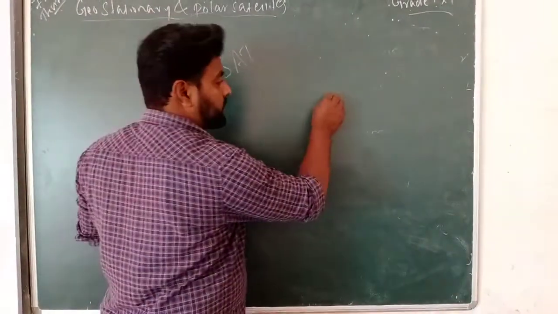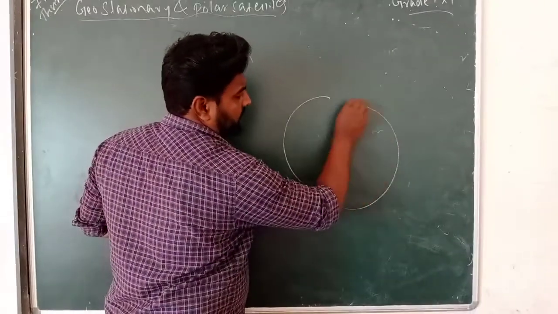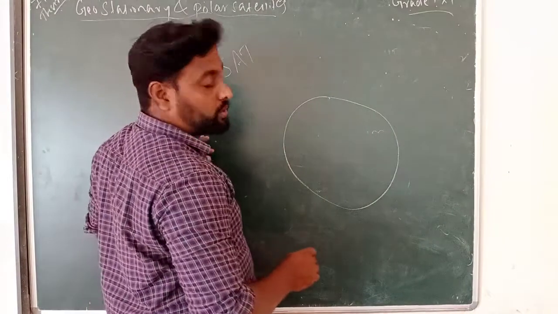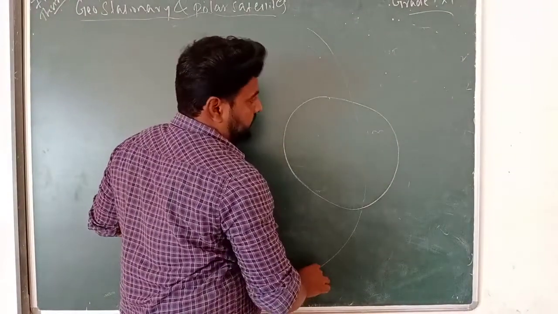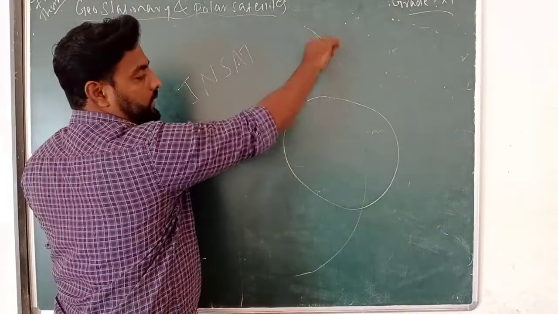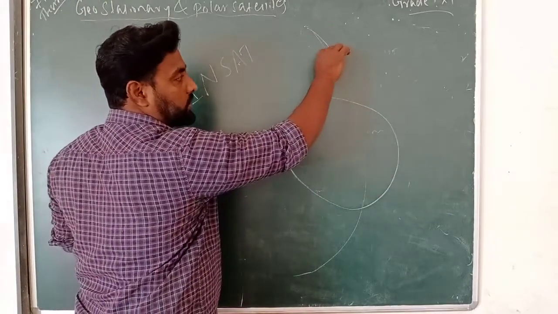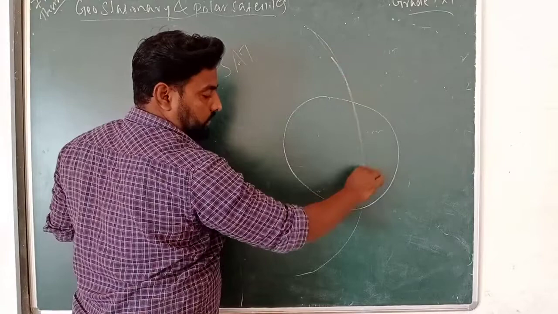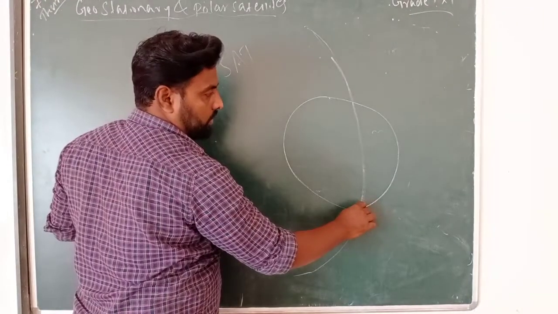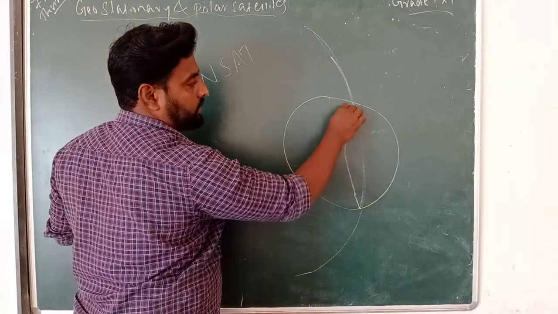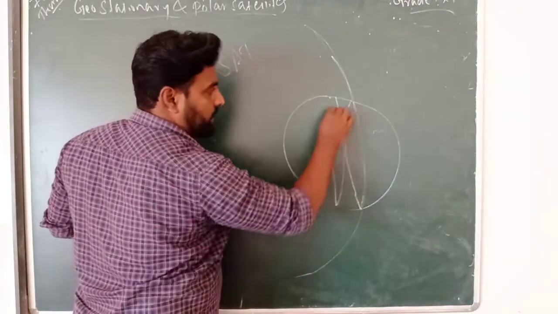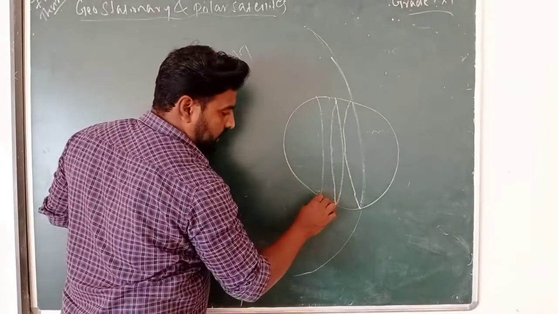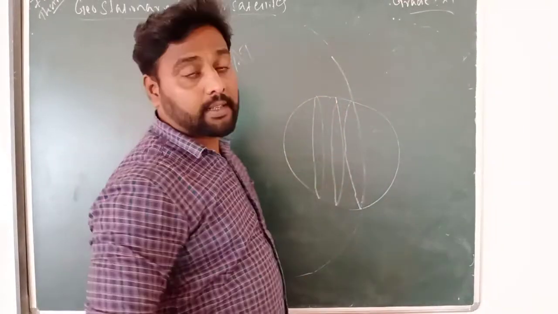This is the Earth, and the satellite is held like this and moves from north pole to south pole, from one pole to another pole. Then this pole to here, then this pole to here. Like this, it covers the distance.